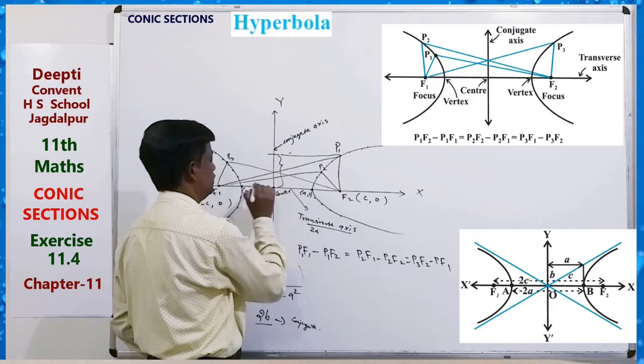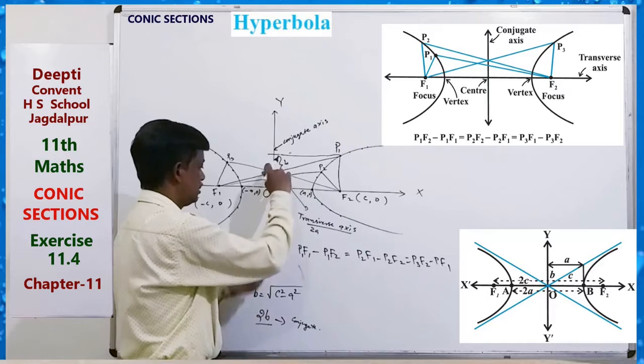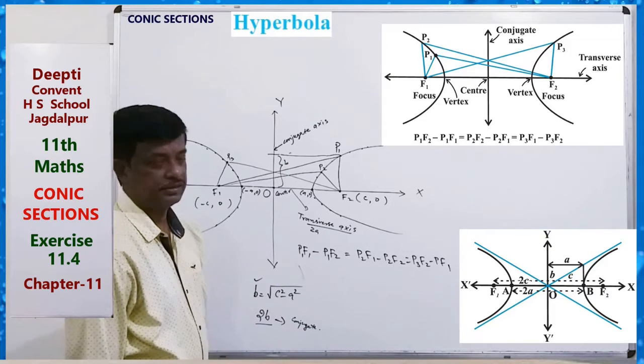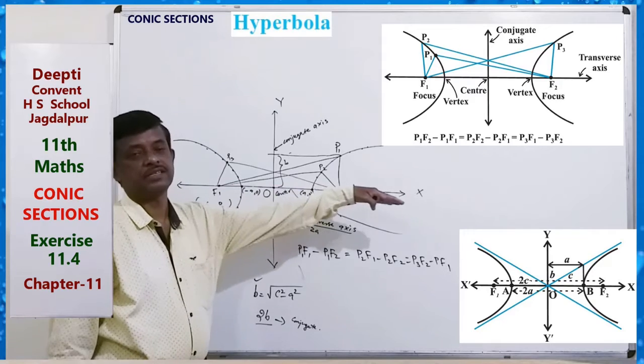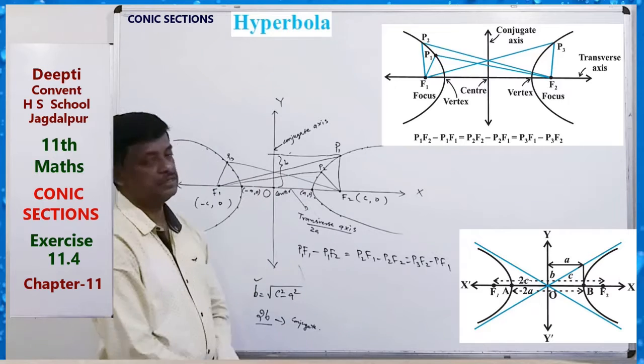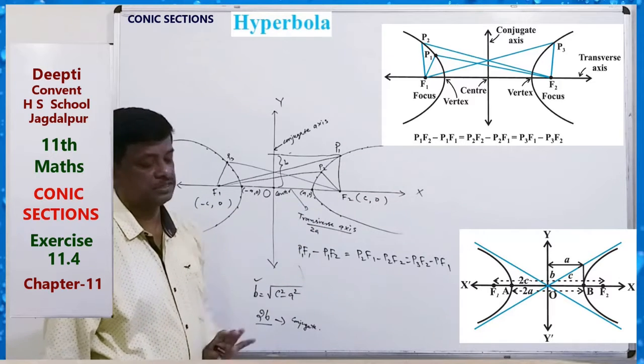Here this is b, and the same here, 2b, the conjugate axis. The foci lie on the x-axis, that is, the transverse axis is the x-axis. This is the hyperbola; from the diagram it is clear.